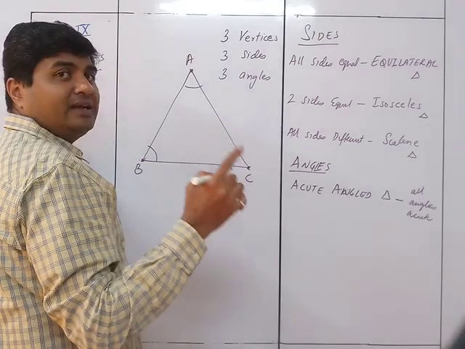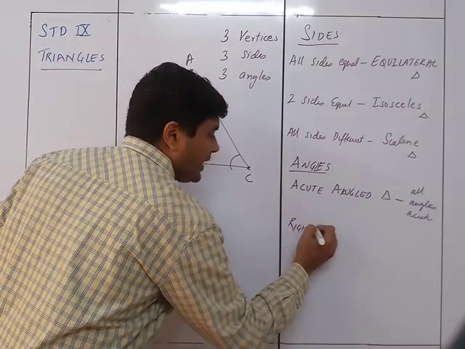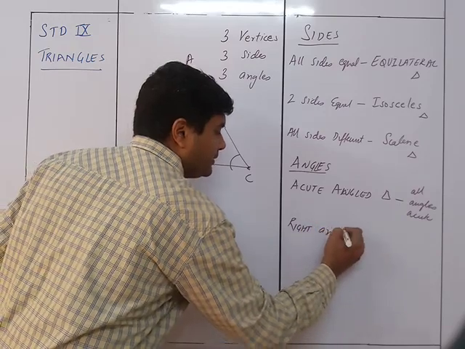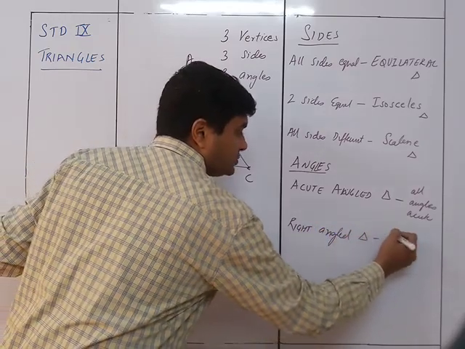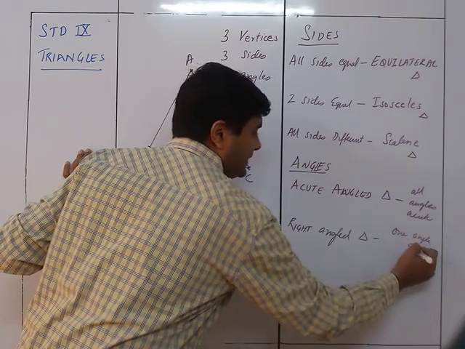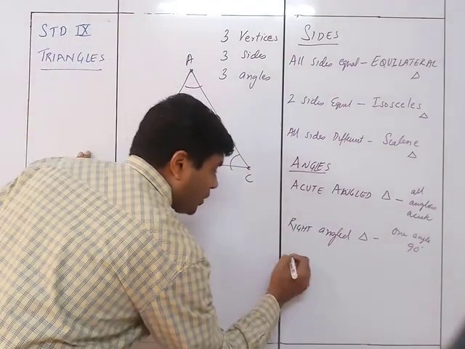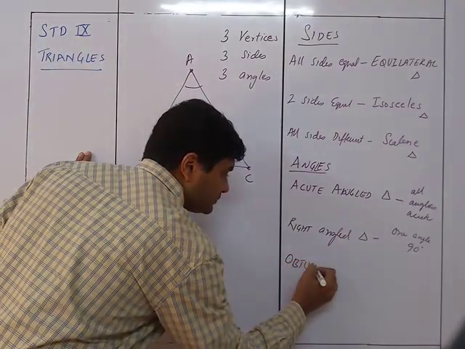If one of the angles is 90 degrees, it will be a right angled triangle, and if one angle is greater than 90 degrees, it's an obtuse angle triangle.